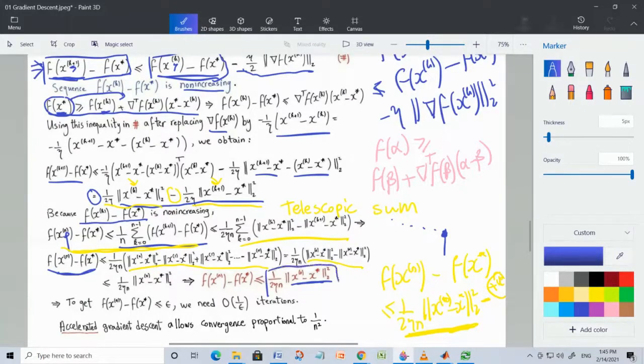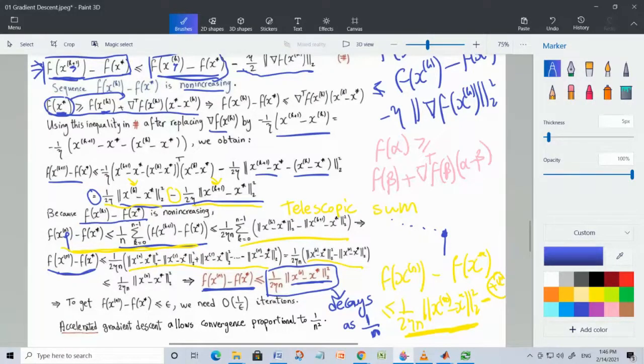So this upper bound decays as 1 over n. Which means that if you do enough iterations, this upper bound will get smaller and smaller and smaller. So you basically crush this thing to 0. You approach f of x star.